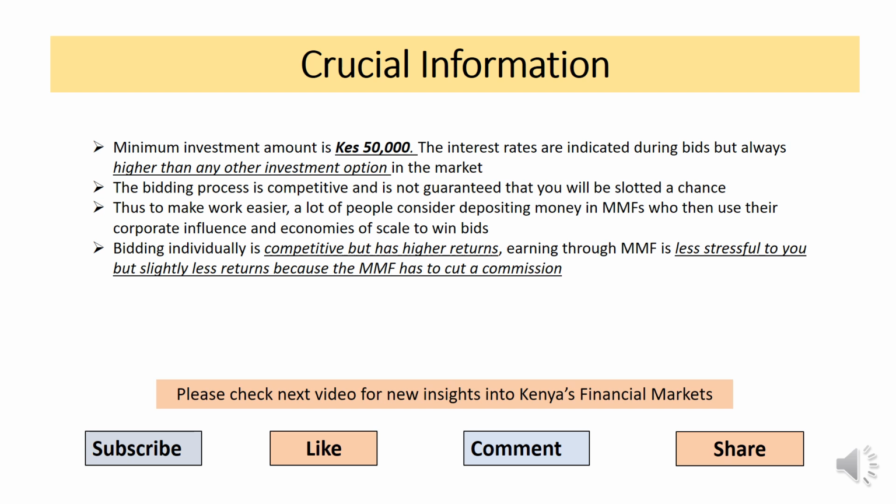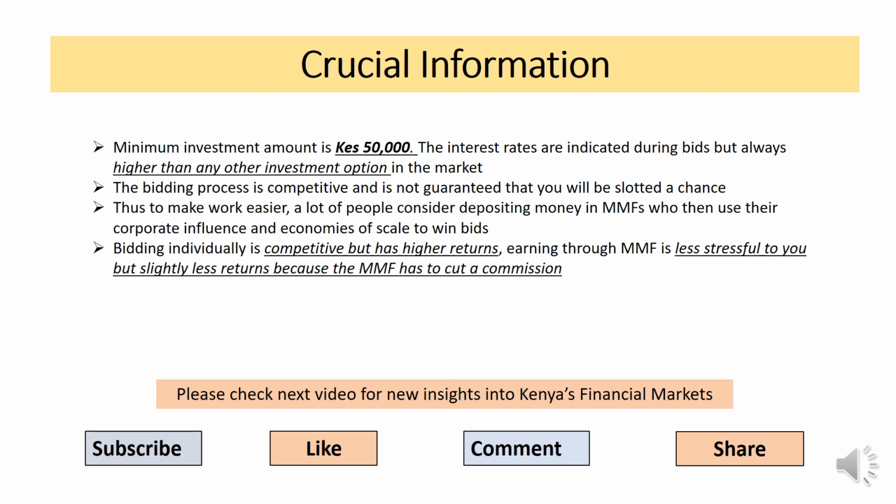So if you have your 50,000, instead of making an individual bid, you can actually increase your chances by taking this 50,000 to an MMF, so that the MMF will now use its corporate power to bid on the T bill or the T bond, and then most likely it's going to win.